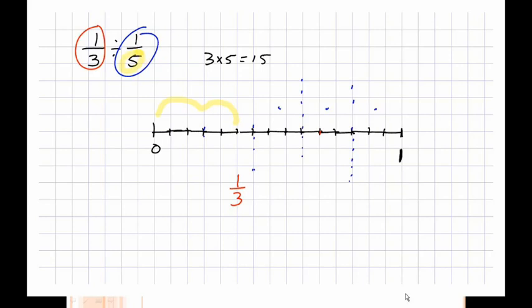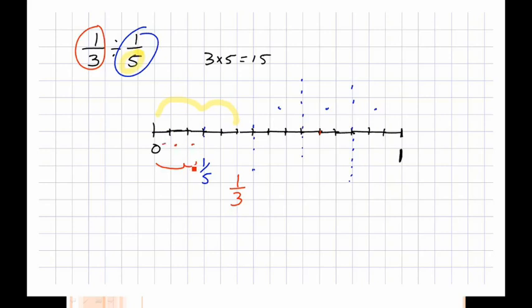If I want to look at 1/5 of my number line, notice that to get to 1/5, 1/5 has 3 sections.